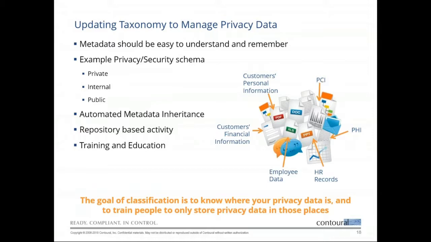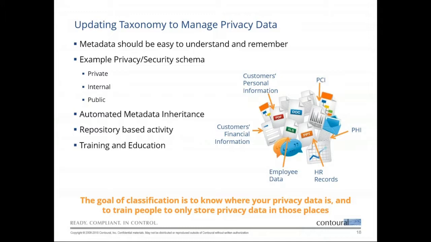So let's talk a little bit about taxonomy. So what is taxonomy? Taxonomy is basically information that gets attached to a file and travels with it that allows that file to be classified in some way or another. That might be as simple as a privacy and a security schema such that when things have privacy information in them, they're considered private, and all the different tools we just talked about react differently when that metadata is there.